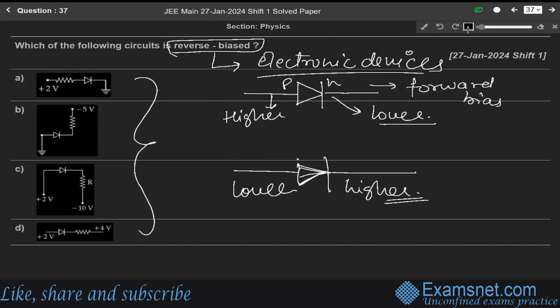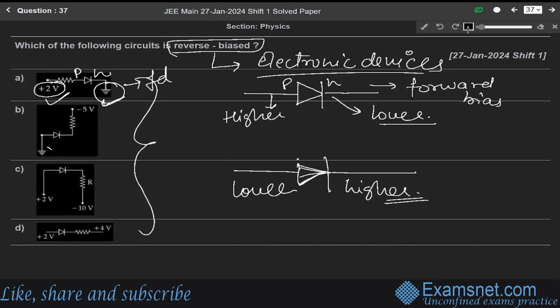Now, in option A, this is 2 volt, this is grounded, 0 volt. This means higher and lower. This is a PN junction diode. So this is higher, this is lower. It means it is forward bias.